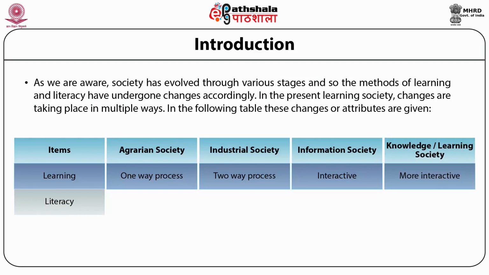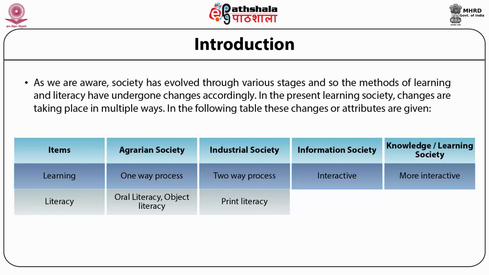The literacy: in agrarian society, the literacy was limited to only oral literacy or object literacy. In industrial society, it was limited to printed literacy.